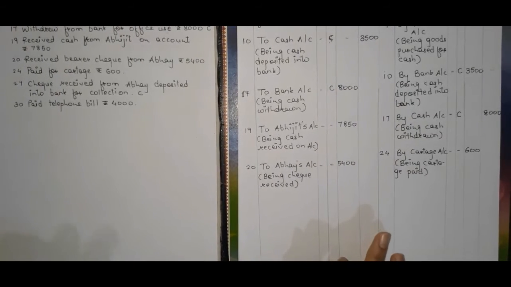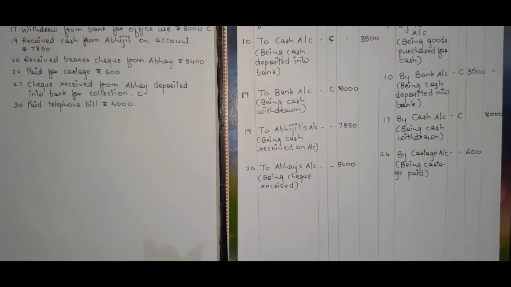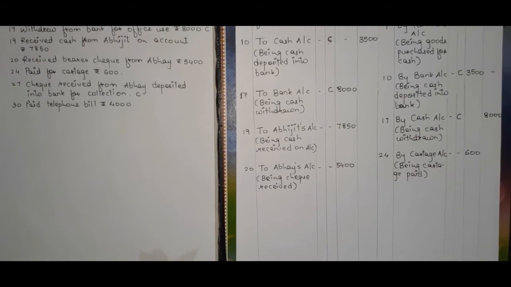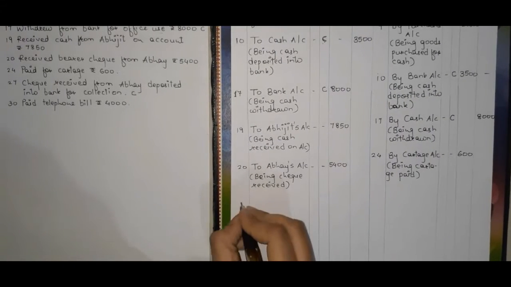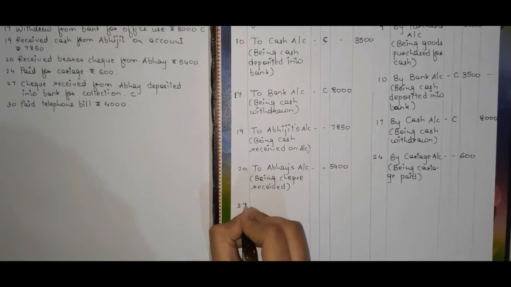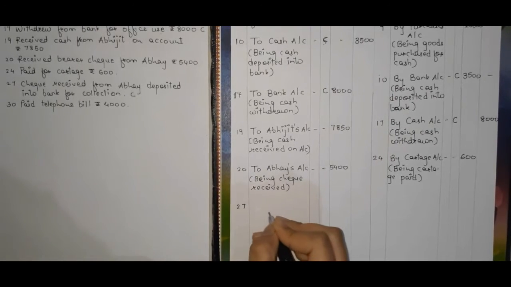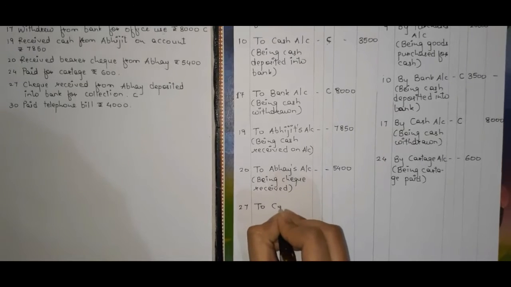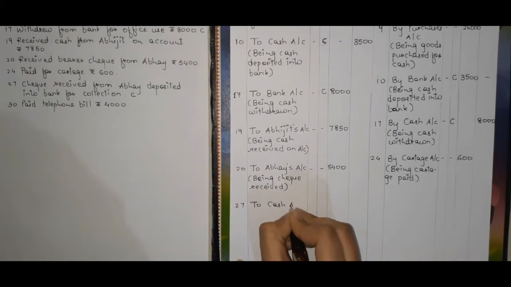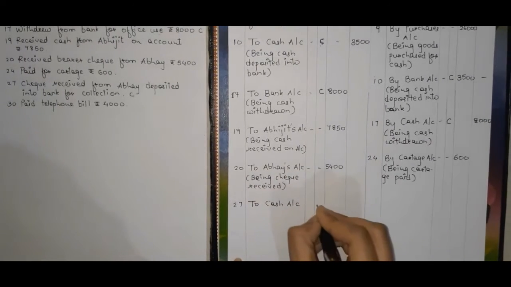Now this is a contra entry, we have to record it on both sides, that is on the receipt side as well as on the payment side. So let's record on 27th October to cash account. Now we are going to receive cash from bank, so cash account.